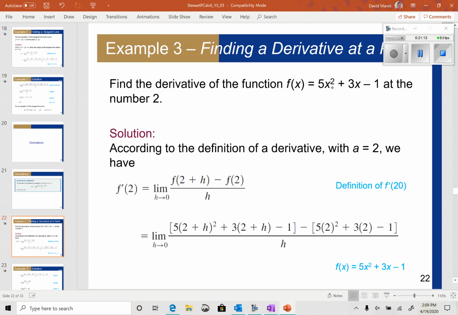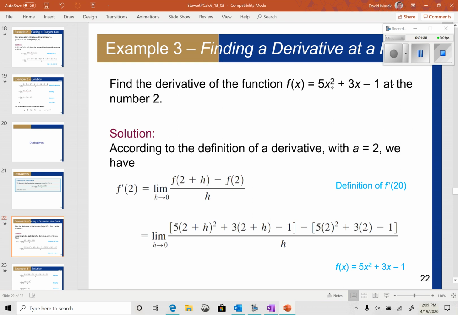After, of course, you take 2 plus h. So 5 times x squared becomes 5 times 2 plus h squared. Plus 3 times x becomes plus 3 times 2 plus h, minus 1. And then we have to subtract f of 2. So minus, substitute 2 in place of x.